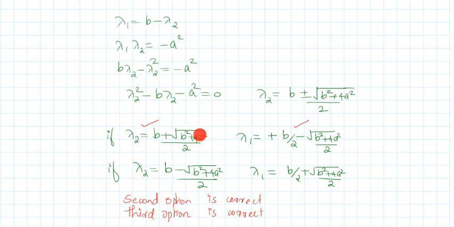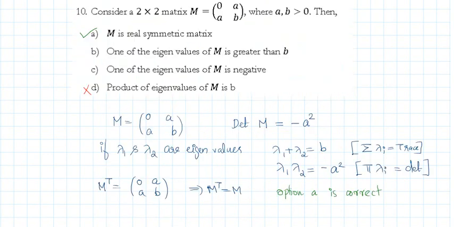The term inside the square root will be greater than B square, so this square root will be greater than B. So B plus a quantity which is greater than B, divided by 2, will finally be greater than B. So this option, one of the eigenvalues of M is greater than B, is a correct option.